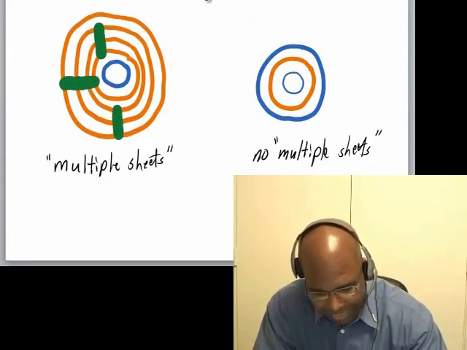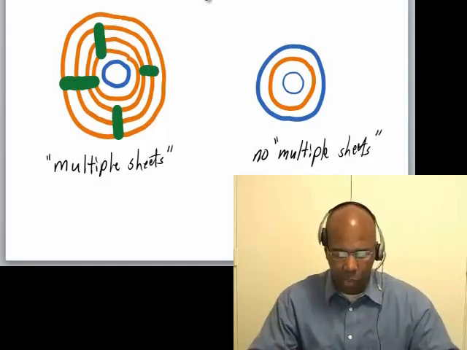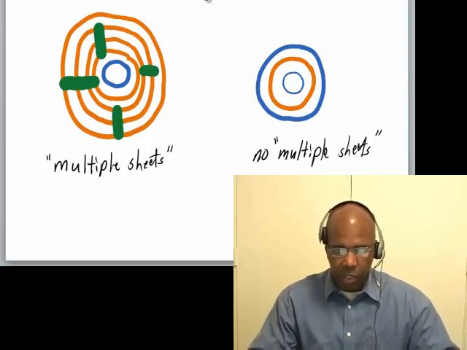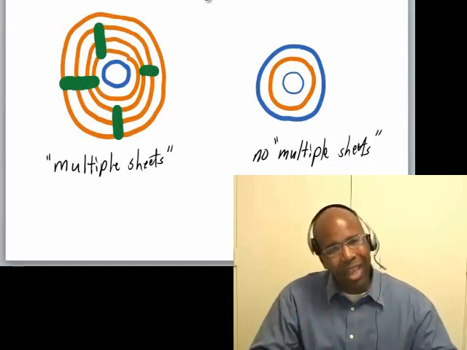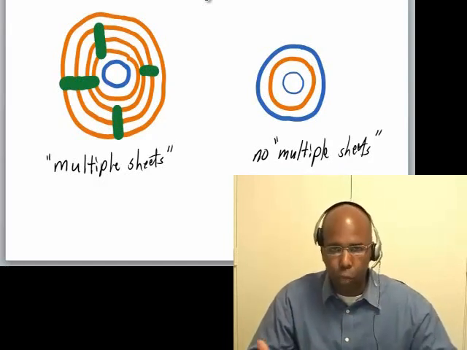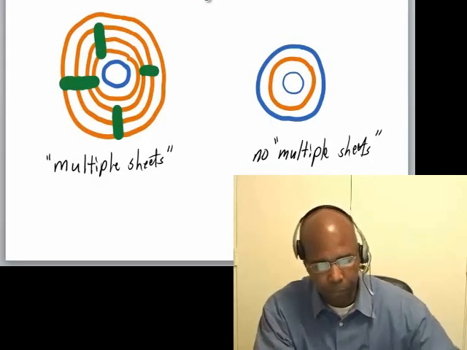There's going to be an acid here that holds these multiple sheets together. And we'll learn about its name later. In addition, this structure that holds those multiple sheets together is not found in the bacteria with no multiple sheets, because it would be pointless because there's only one sheet.